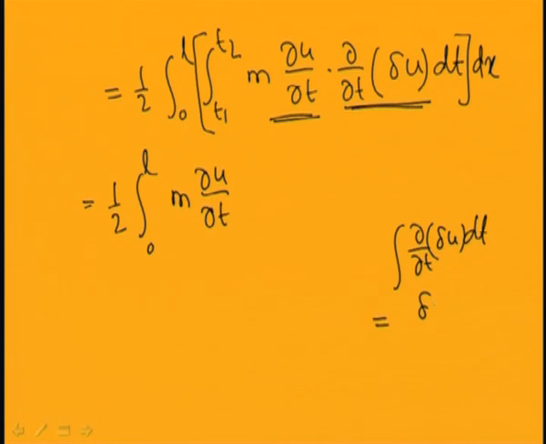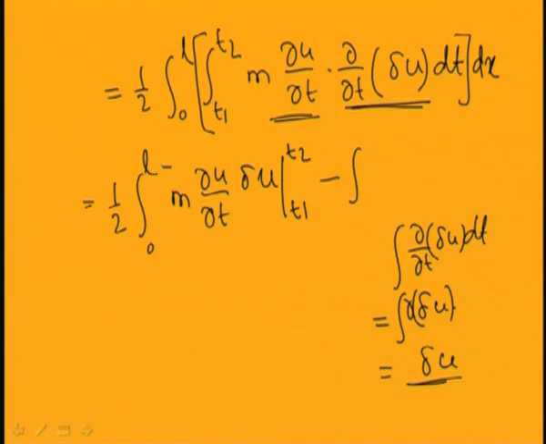is nothing but del u, because it is the integration of del u. So, I can write m del u by del t into this, from T1 to T2, then minus integration, put the bracket here, minus T1 to T2 m, the derivative of this into this term.